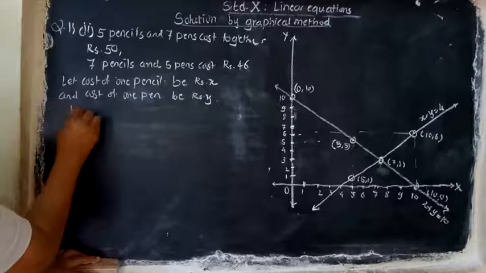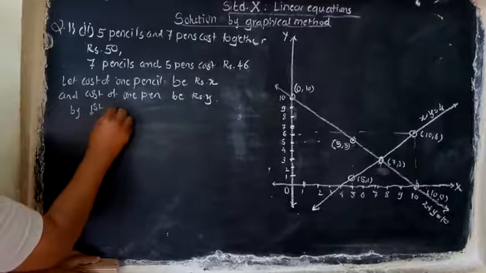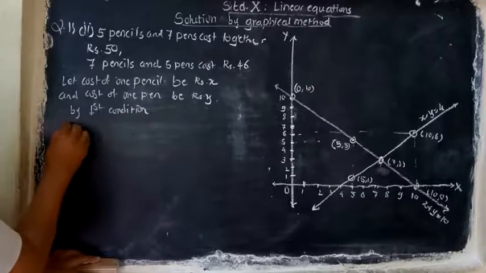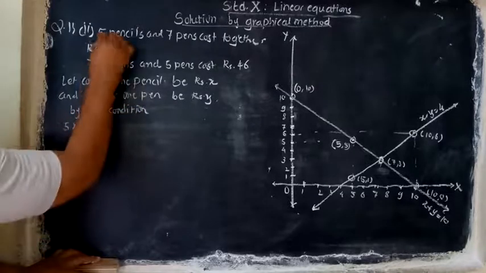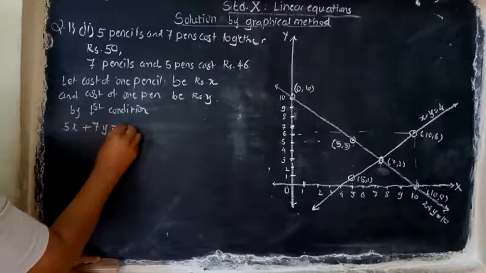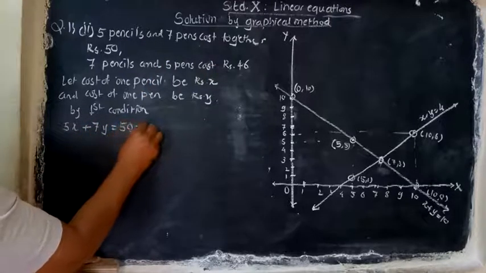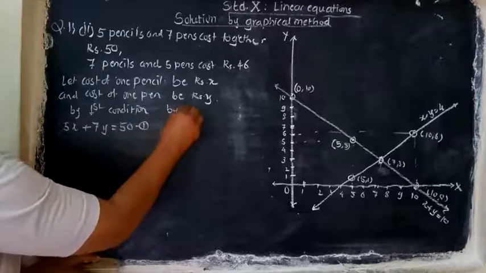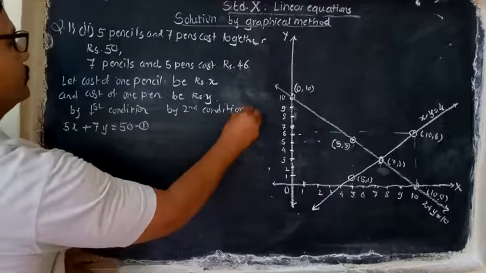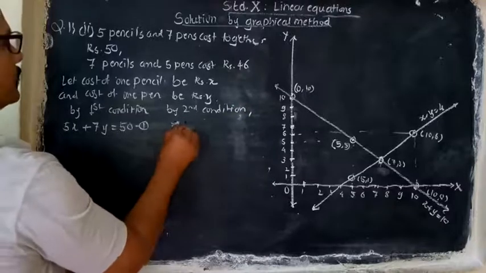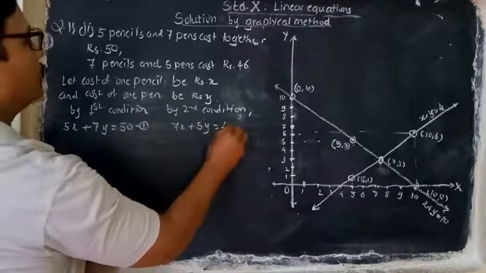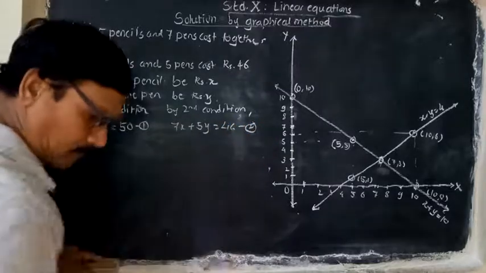By the first condition, the equation is 5x, 5 pencils, and 7 pens, 5x plus 7y is equal to 50. First equation. By the second condition, 7x plus 5y is equal to 46. Second equation.